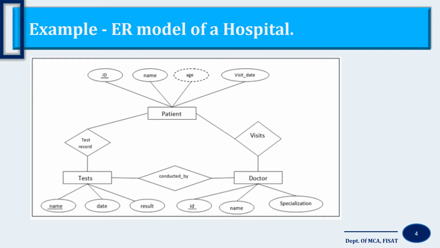The ellipses are used for representing the corresponding entities' attributes. If the attribute is a derived attribute, it will be represented using dashed lines. And the primary keys are represented using underlined terms. Okay, so this is the ER diagram in Chen's notation for the hospital database.